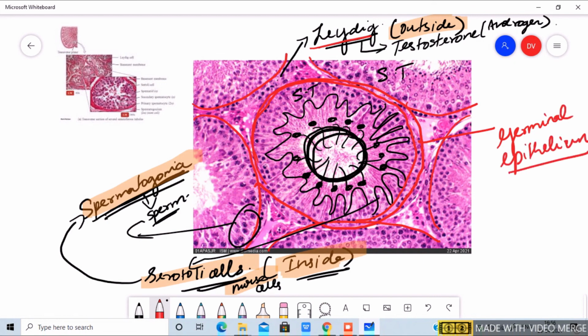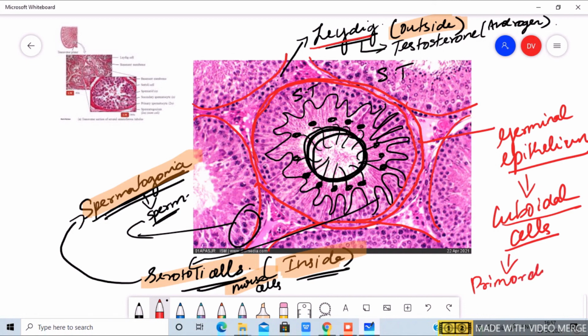That is basically cuboidal cells, and it has the primordial germ cells, which develop into the spermatogonia. The spermatogonia develop into the sperm. You have to know all of this information, and basically the sperm is produced in the seminiferous tubules of the testis.